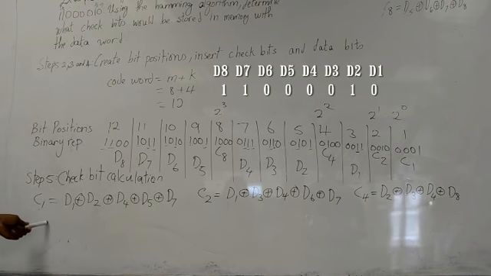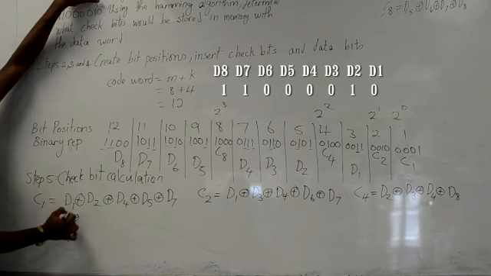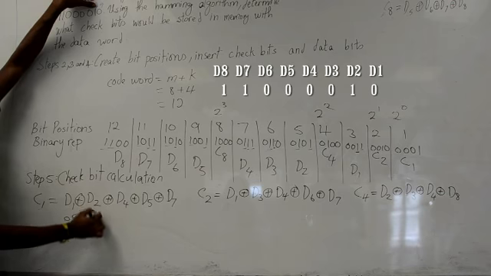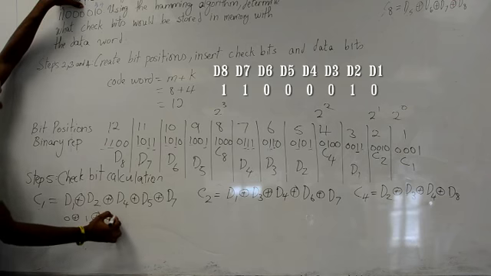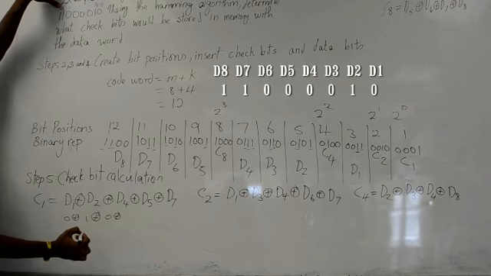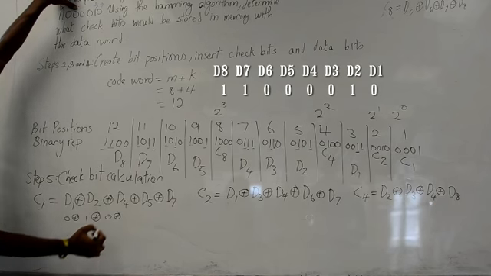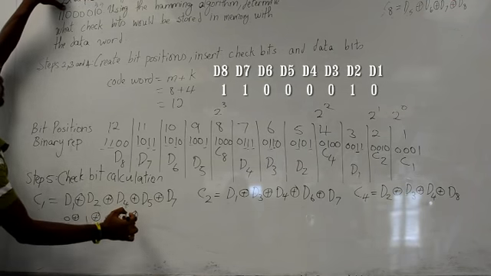So to determine the bits for check bit 1, we're going to exclusive OR 0, 1, 1, 0, and 1.